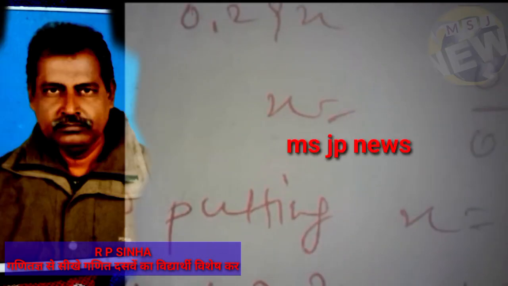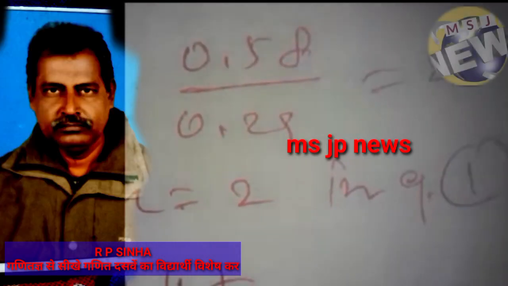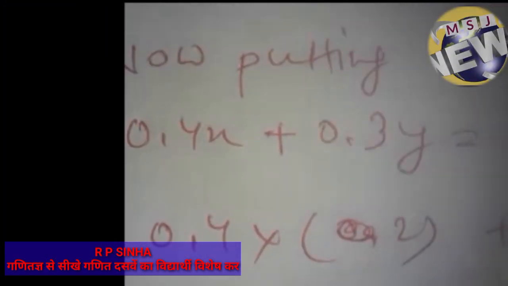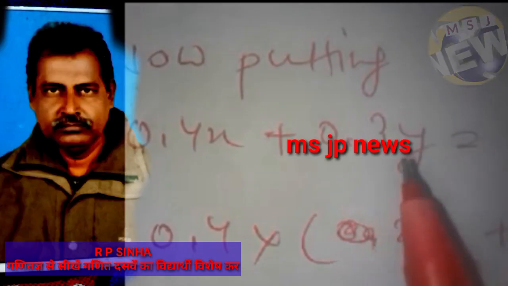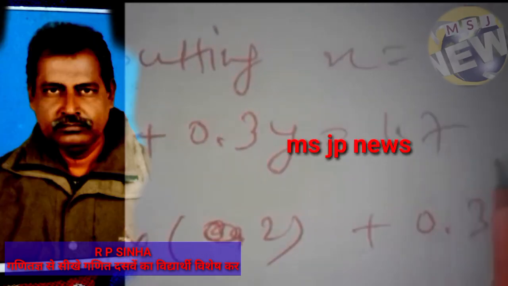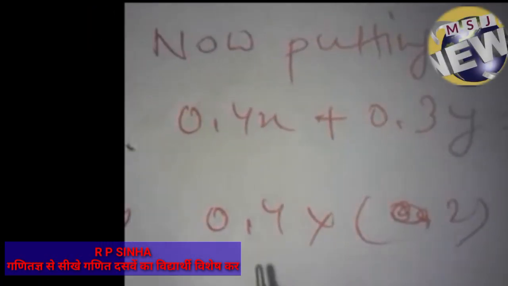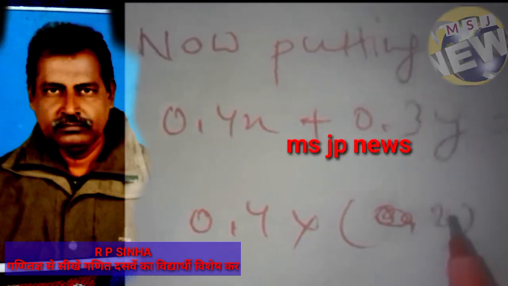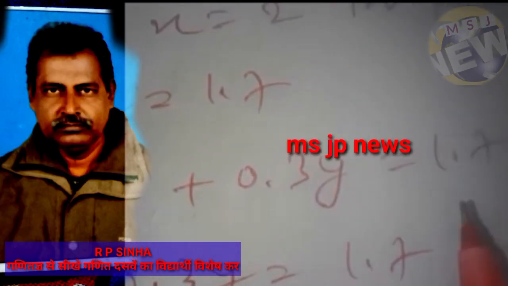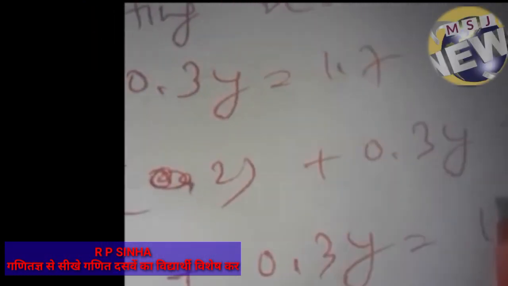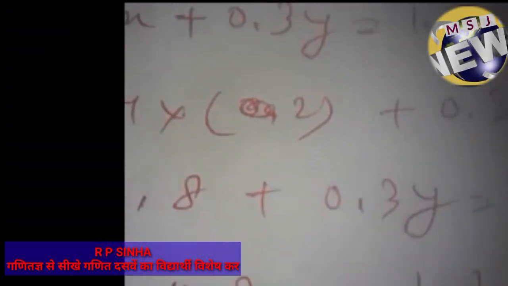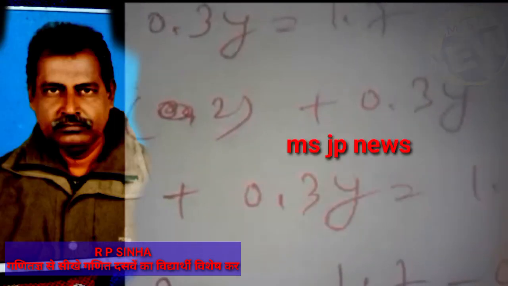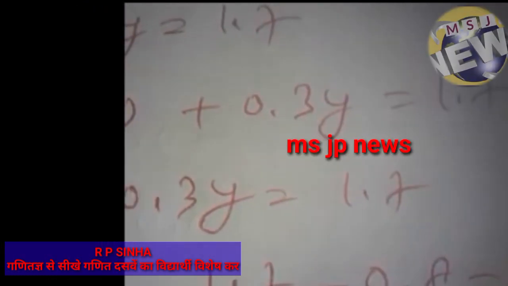Putting x = 2 in equation number 1, 0.4x + 0.3y = 1.7, we get 0.4 times 2, plus 0.3y equals 1.7. With simplification we get 0.8 + 0.3y = 1.7.